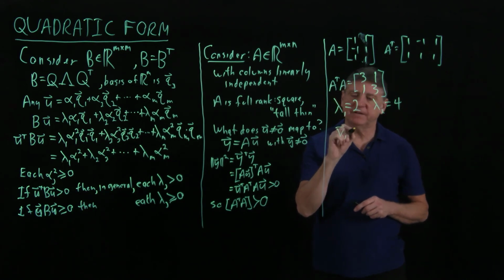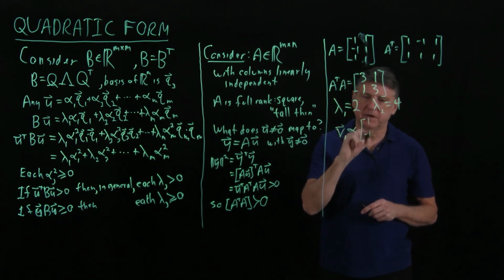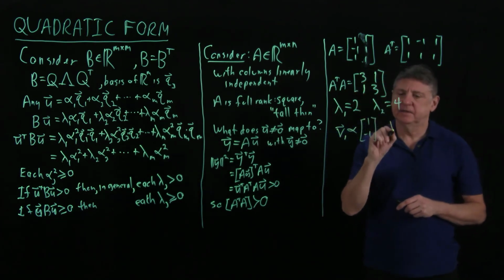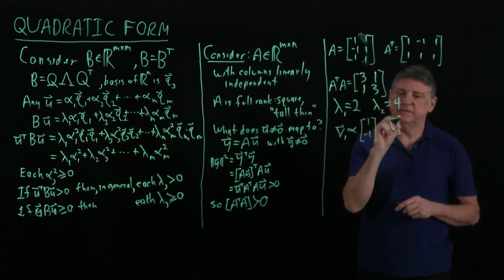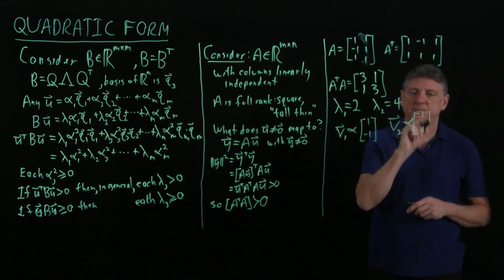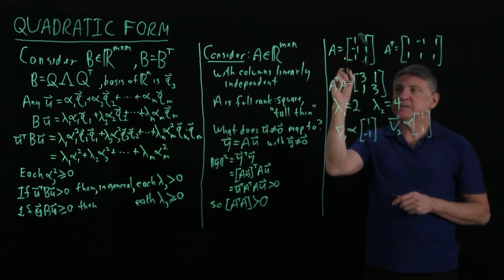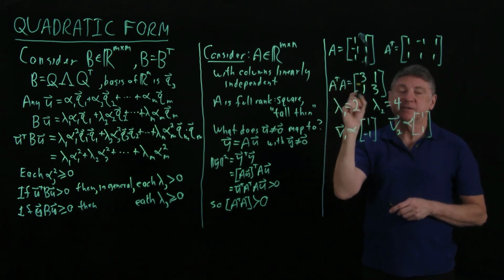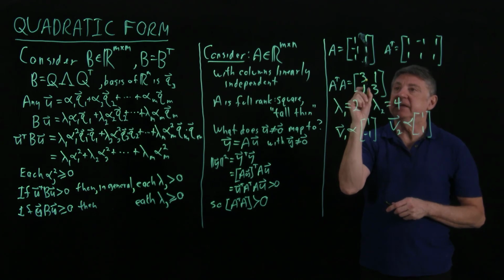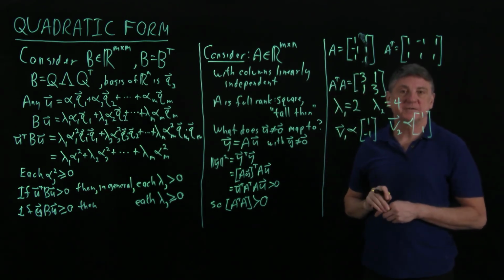The first eigenvector is proportional to 1, minus 1, and the second eigenvector is proportional to 1, 1. So this is a full rank matrix. A transpose A is symmetric by construction, and it's also positive definite because the original matrix is full rank.